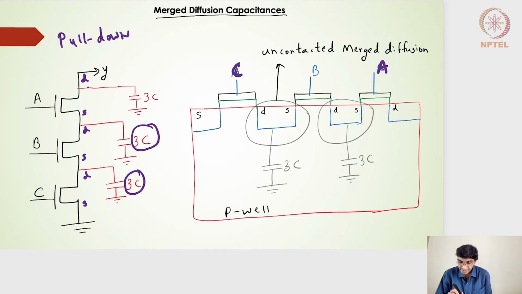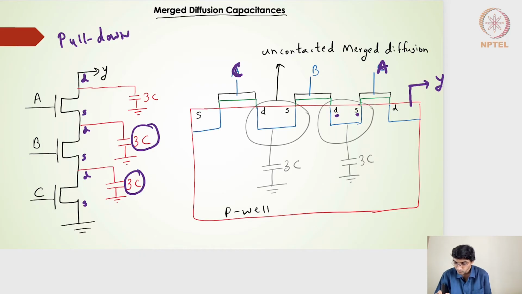On the A side, there is a drain diffusion, which is nothing but the output node Y. On the other side, it is the source diffusion, and then the B NMOS transistor having the drain diffusion. So both the diffusion pockets are nothing but the same. It is merged diffusion, so I will not have two separate diffusion pockets.